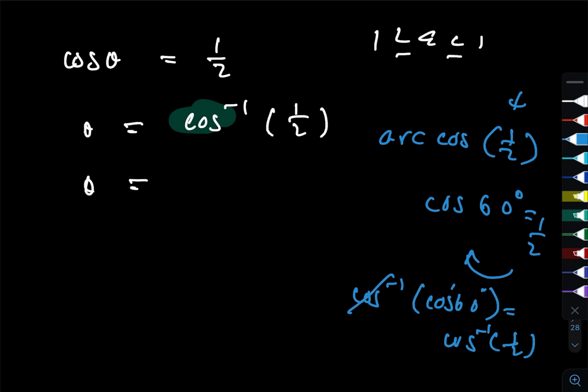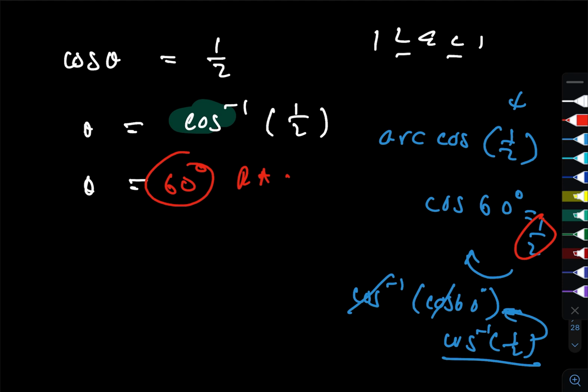You see this and this cancel, so this gives you 60 degrees. It's more like when you're working with reverse, especially with this type of numbers, which you get when you work with your special angles. So that's where I know that from. So there's going to be 60 degrees, and the 60 degrees here is my reference angle.